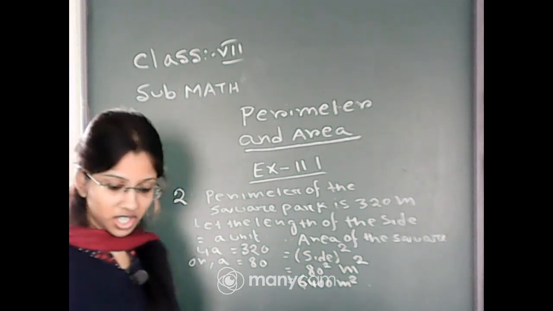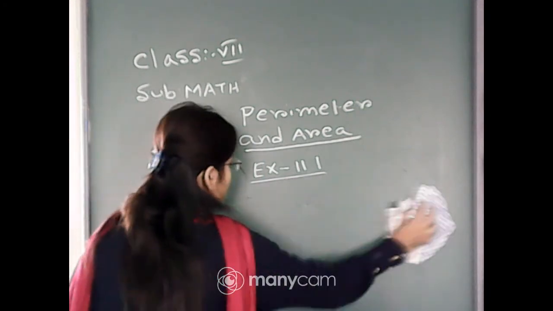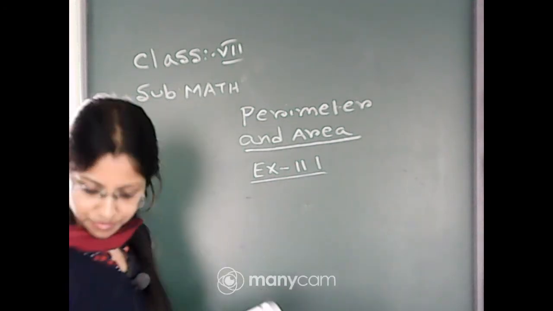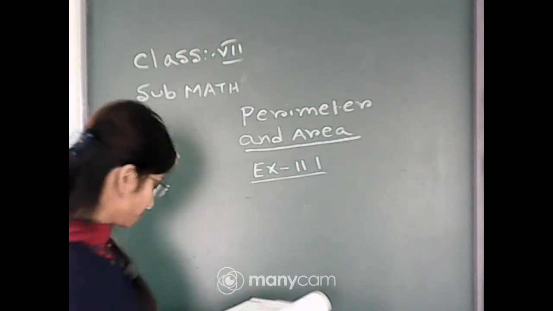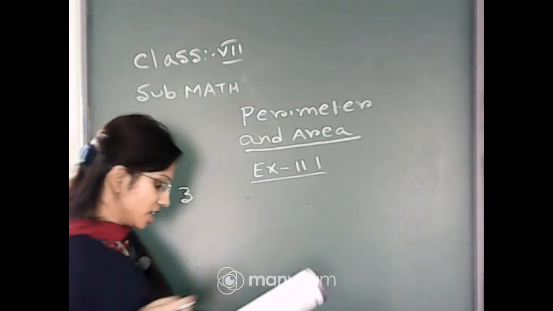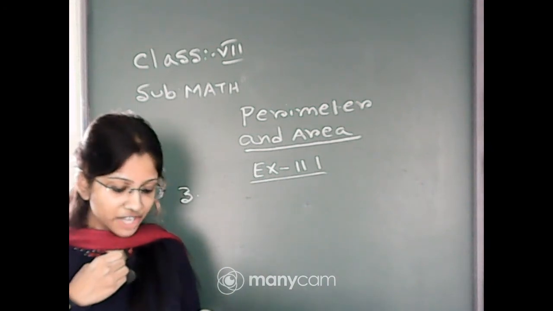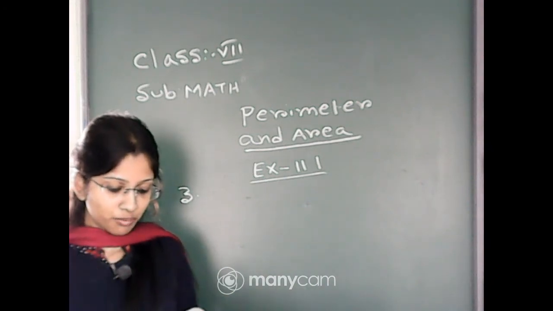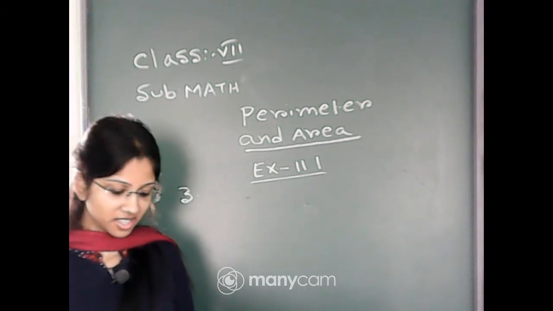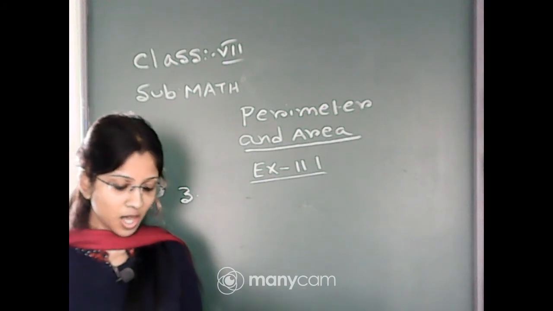Next, question number 3. Find the breadth of a rectangular plot of land if its area is 440 meters square and the length is 22 meter. Also find its perimeter.